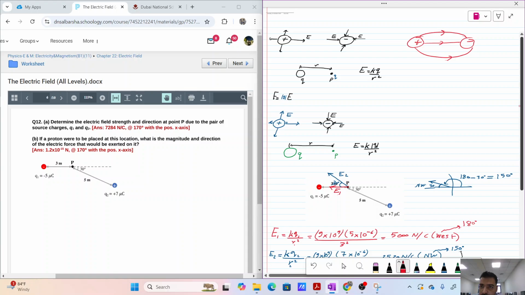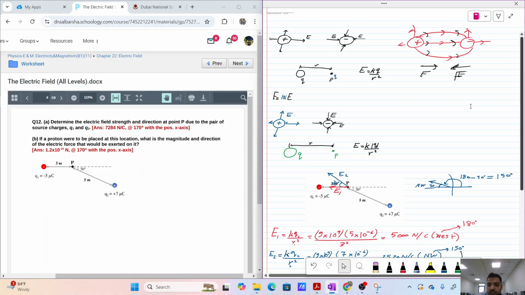Let's say we have the same magnitudes, so we draw equal lines. However, regarding the force, we know that the force between positive and negative is a force of attraction, so we'll have forces directed towards each other. And if you notice, for a positive charge, field lines and force are in the same direction. For a negative charge, field lines and force are in opposite directions.